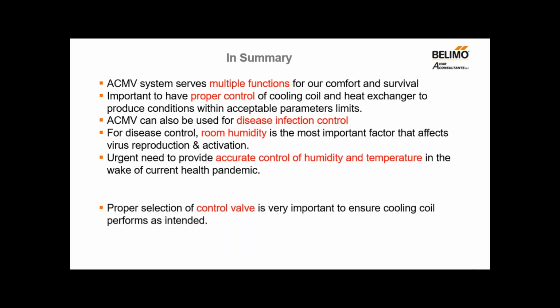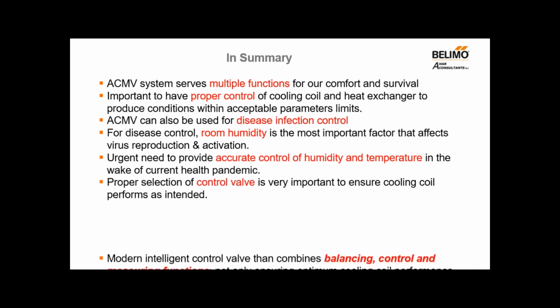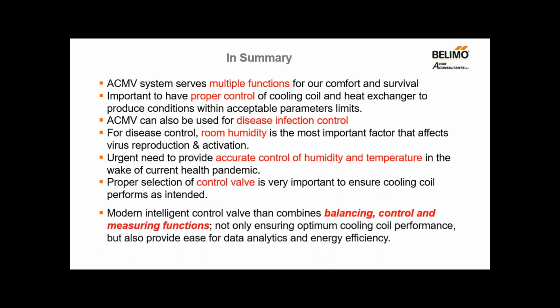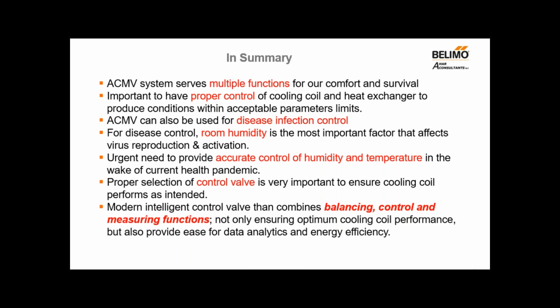Air conditioning and mechanical ventilation can also be used for disease infection control. For disease control, room humidity is the most important factor that affects virus reproduction and activation. There is an urgent need to provide accurate control of humidity and temperature in the wake of current health pandemic.